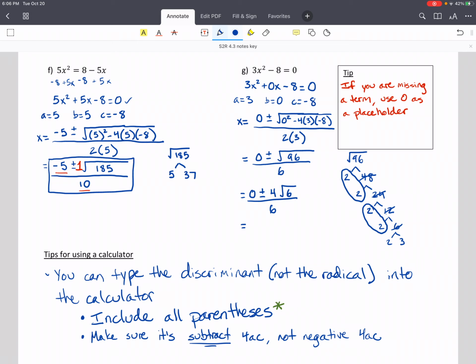Okay, this 0 plus or minus 4 root 6, well, that just becomes plus or minus 4 square root of 6. And now I can reduce the 4 over 6. So 4 over 6 reduces to 2 over 3. Well, cool.